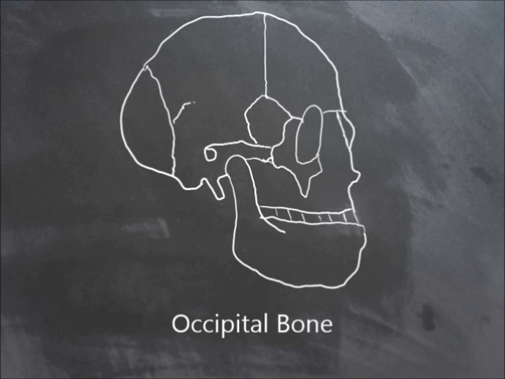Coming across here, this is the parietal bone on the superior part of the skull, and here is the temporal bone.